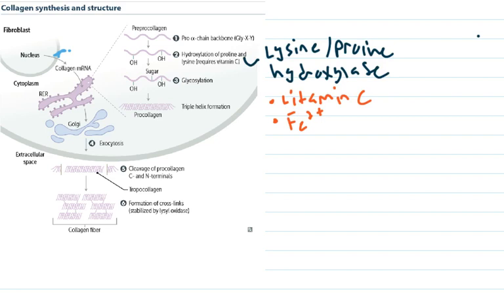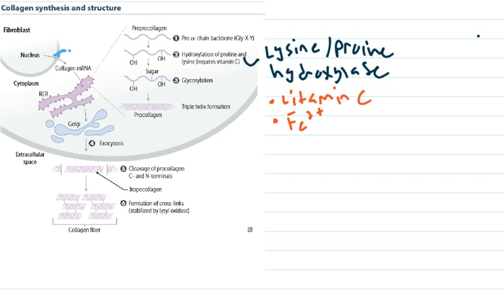What we'll see in some disease pathologies is that oftentimes these enzymes are non-functional because of a variety of things. In this case, there's a disease that we'll talk about called scurvy that results in a vitamin C deficiency. And we'll talk more about the effects that has in future slides. Once these proline and lysine residues have been hydroxylated, we can also get a process called glycosylation to occur.